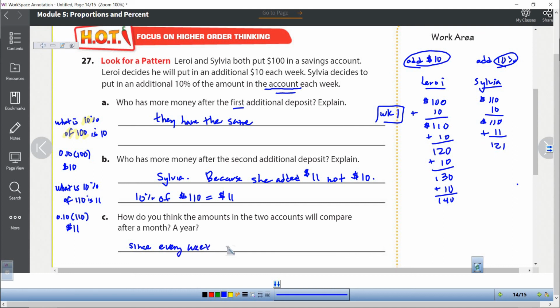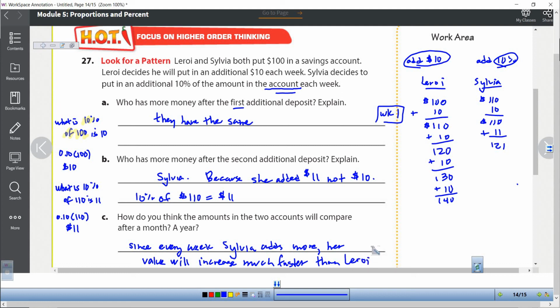All right. Okay. Since every week Sylvia adds more, her value will increase much faster than Leroy's.